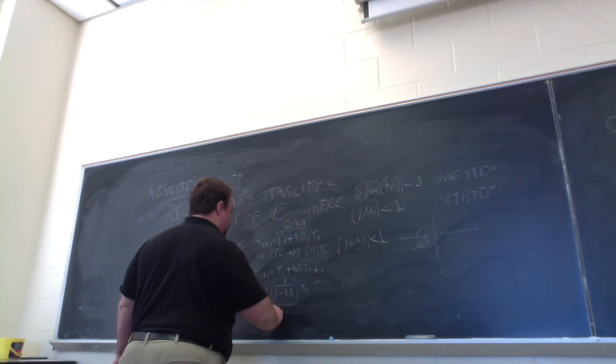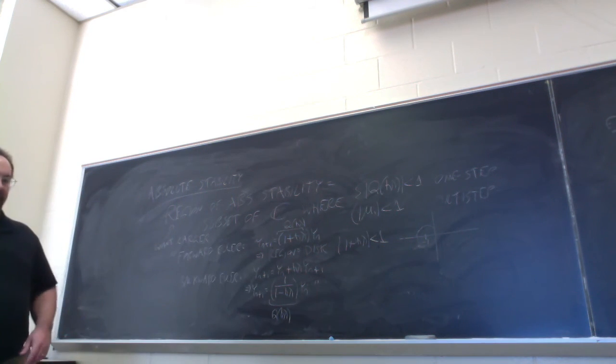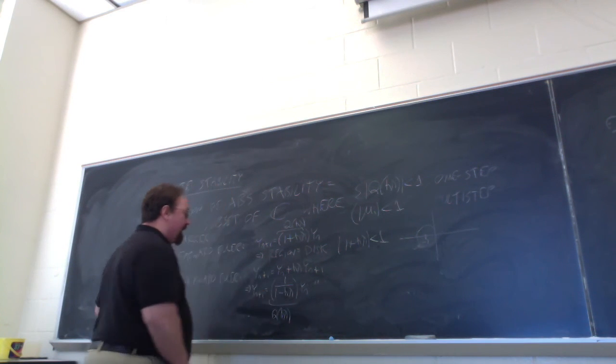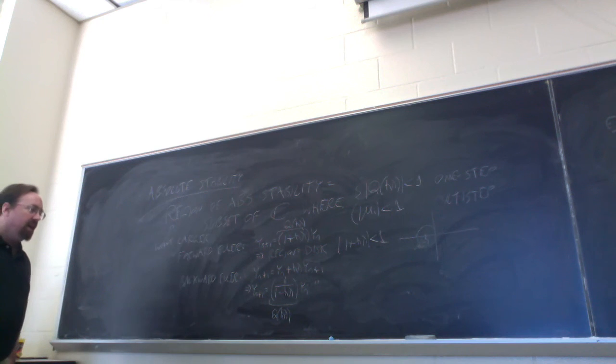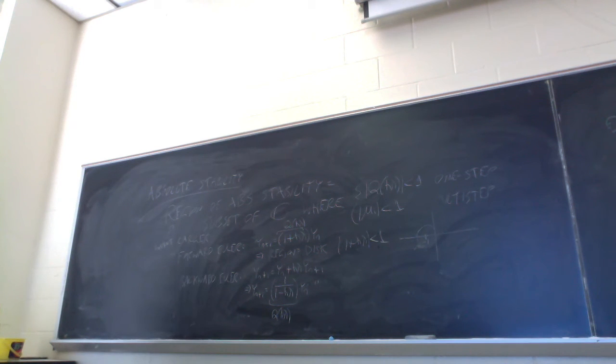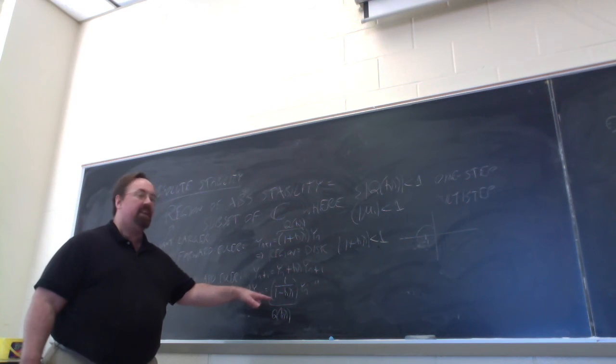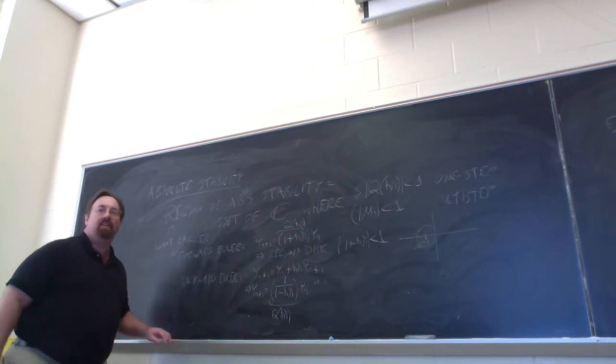So this is my q of h lambda. Now, if I keep in mind that lambda has a negative real part, so h lambda as a whole has a negative real part, when is this going to be less than 1 in absolute value?